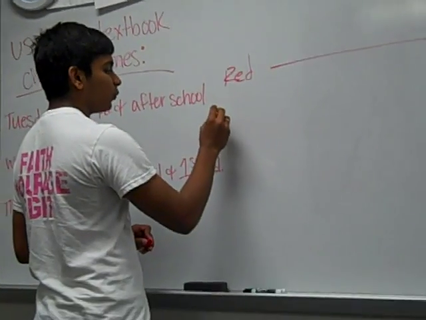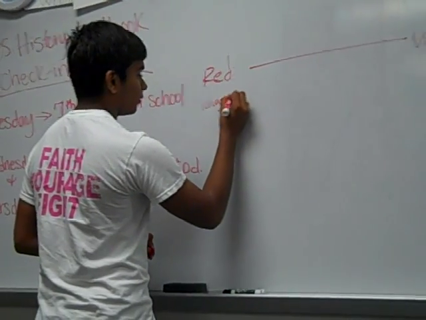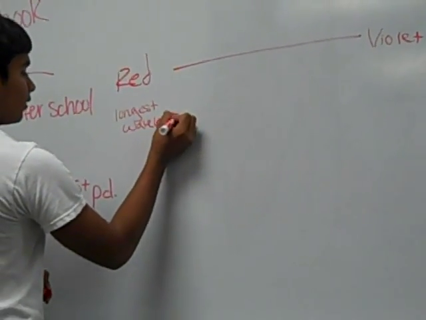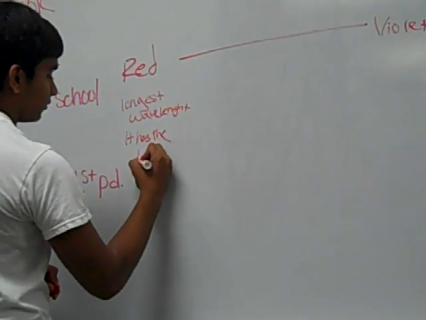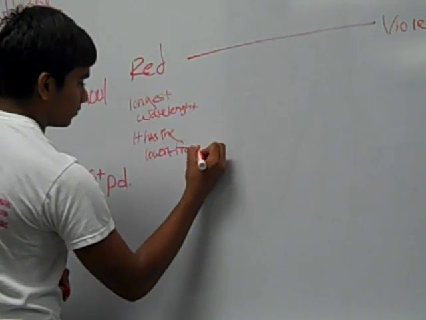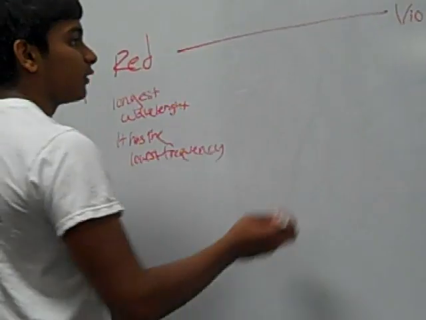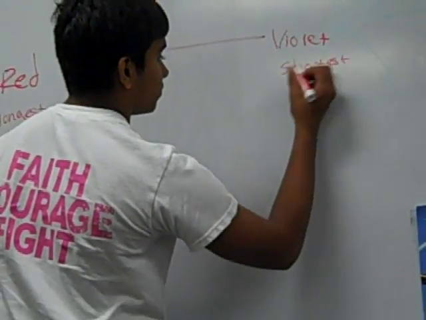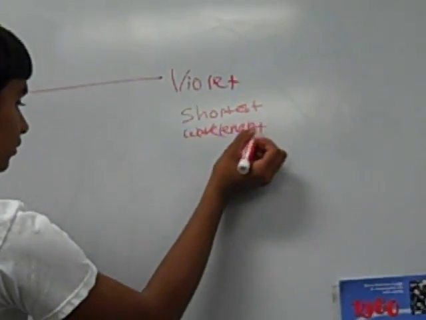Red has the longest wavelength of light, but it has the lowest frequency. Violet, on the other hand, has the shortest wavelength of visible light, but has the highest frequency.